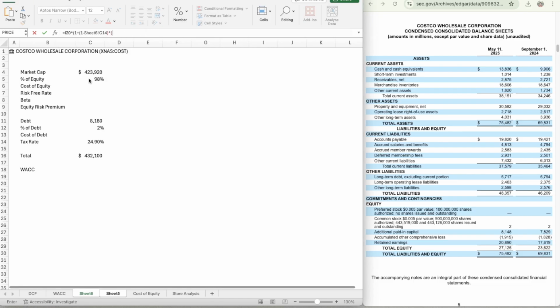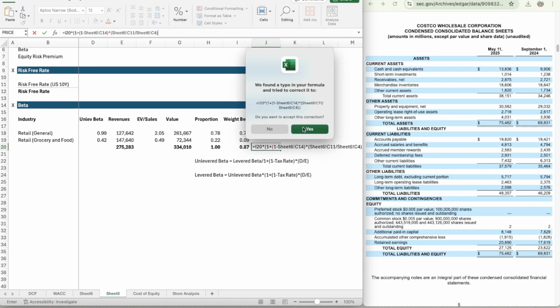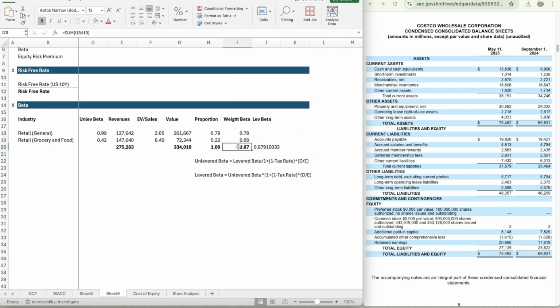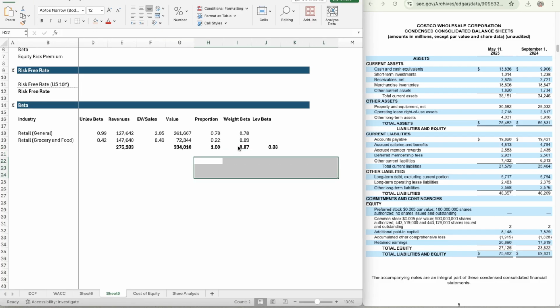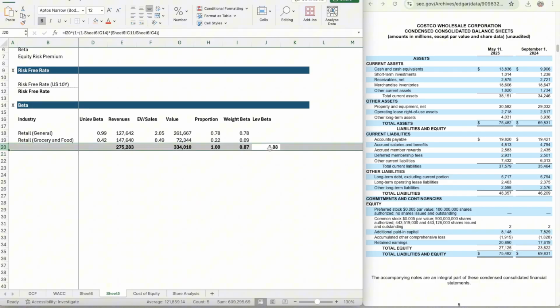Multiplied by the debt divided by the equity. There we go. As you can see, the debt is so small that it barely changes the beta. Okay, we have that now. So let's equals, what is that going to be? J20.